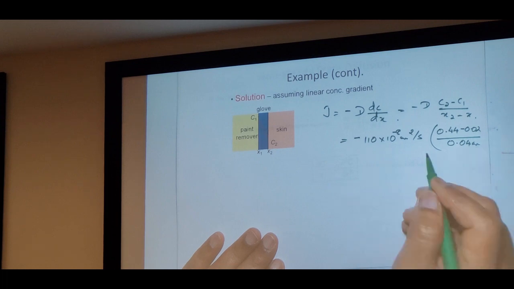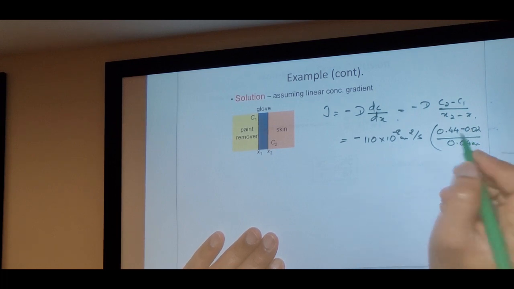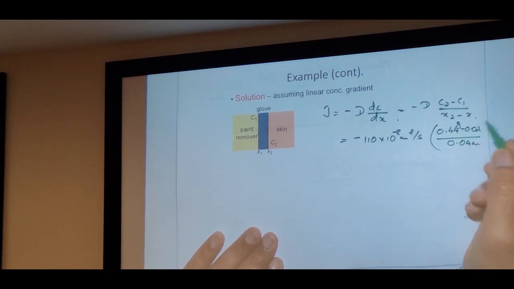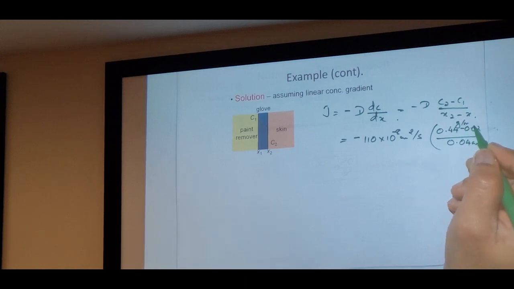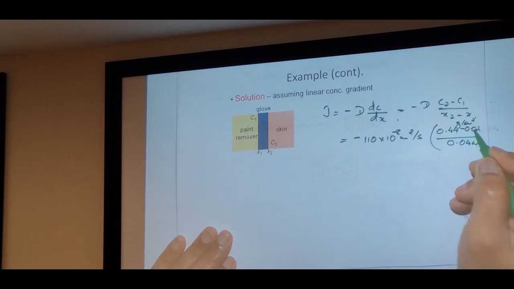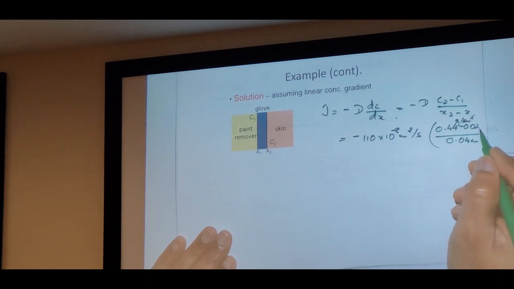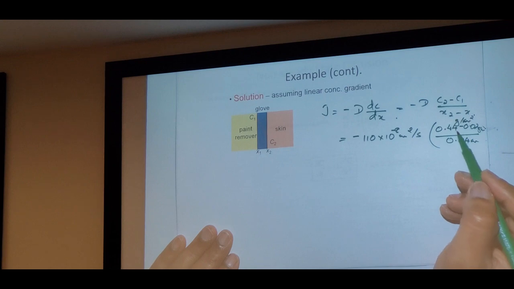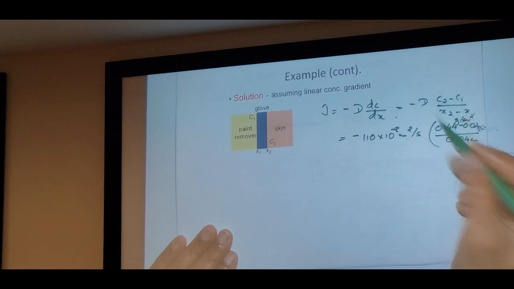These are in grams per centimeter cube. You can take this one as C2 minus C1, which is going to be 0.02 minus 0.44. Okay, you can take it in that case too.